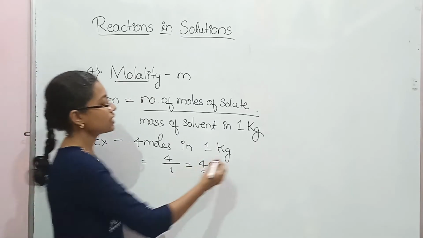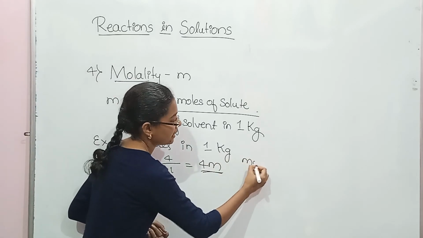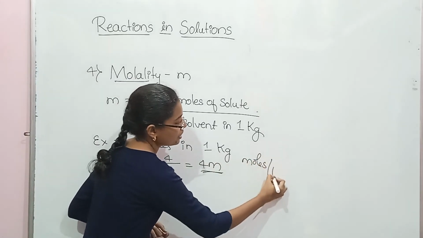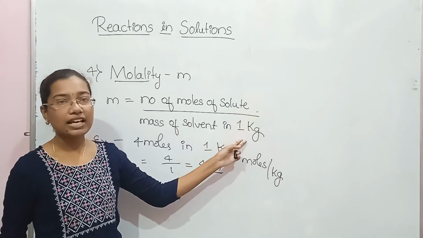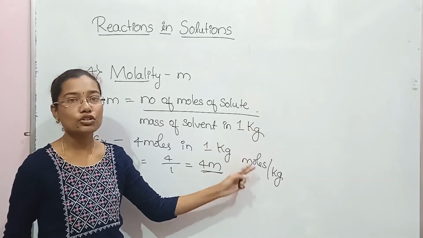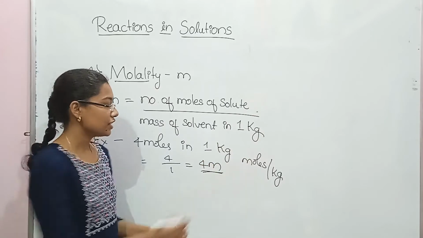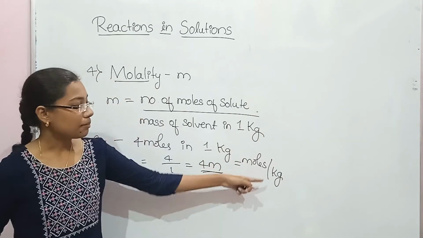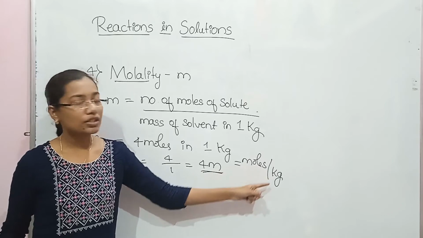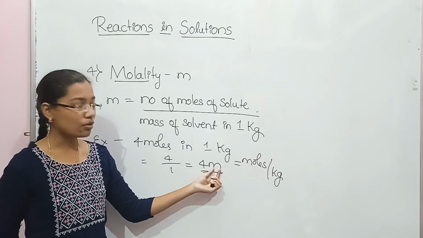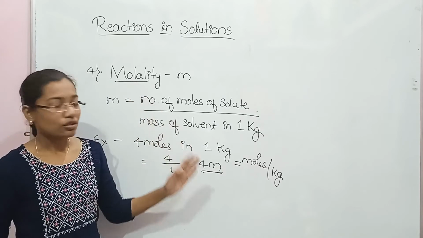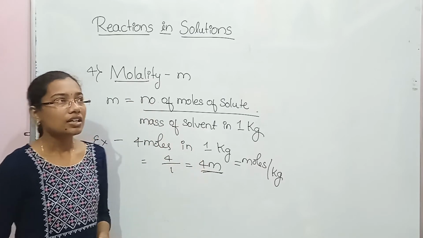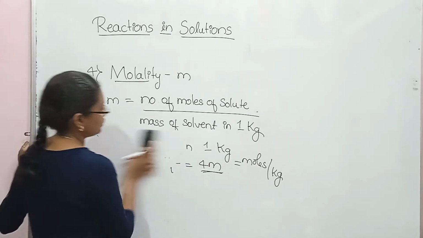And the unit is moles per kg, because here we have moles and here we have kg. This moles per kg is combinedly written as small m. This is molality.